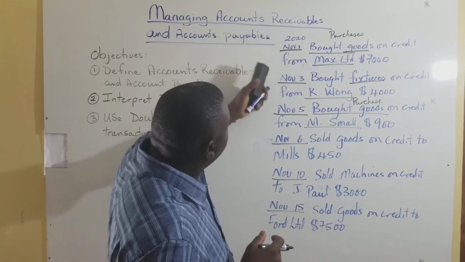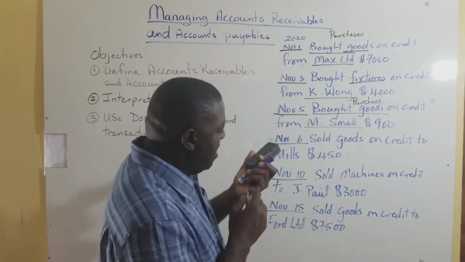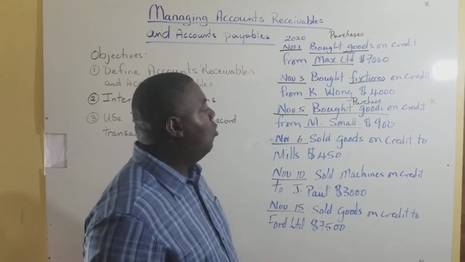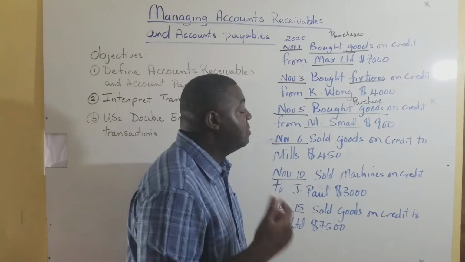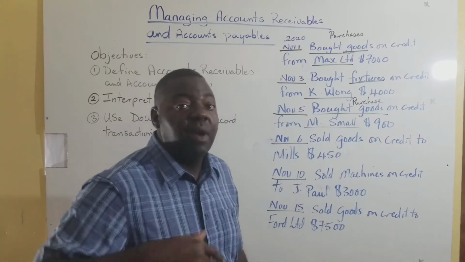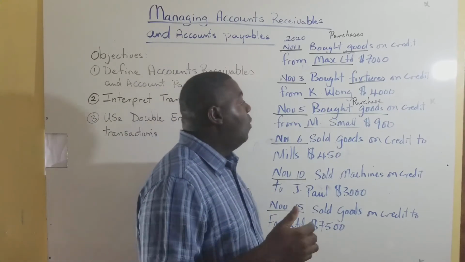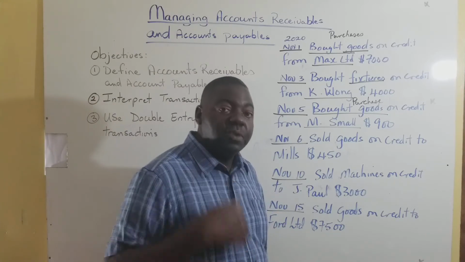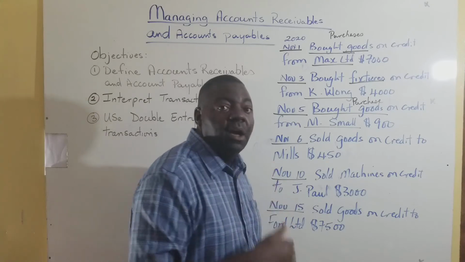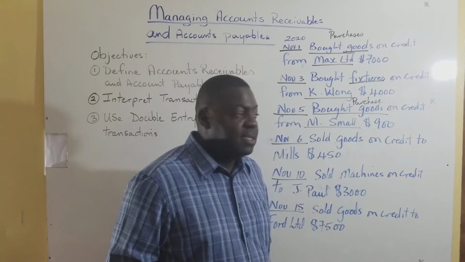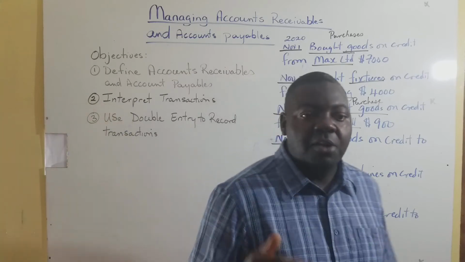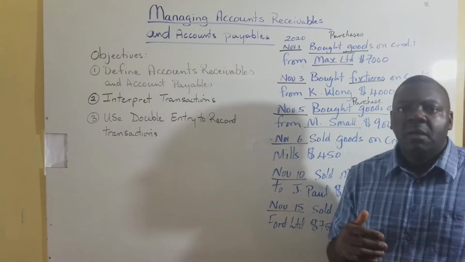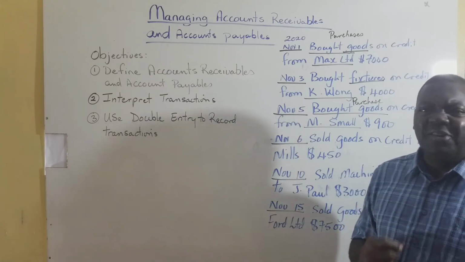All right. Now all 3 transactions from November 1, November 3, and November 5 are dealing with accounts payable. They are accounts payable transactions. Why do I say that? We are having our suppliers giving us goods and assets on credit. Yes, they are giving us assets on credit.